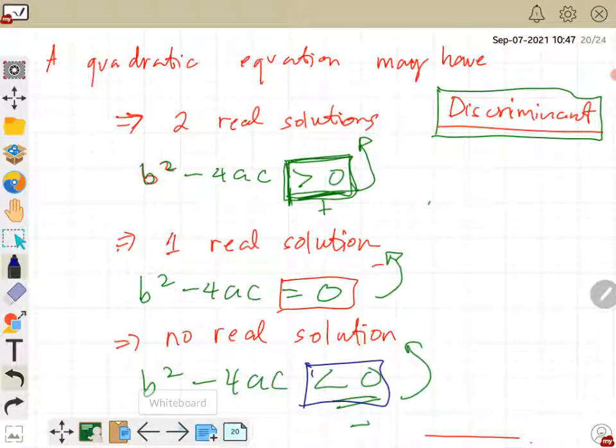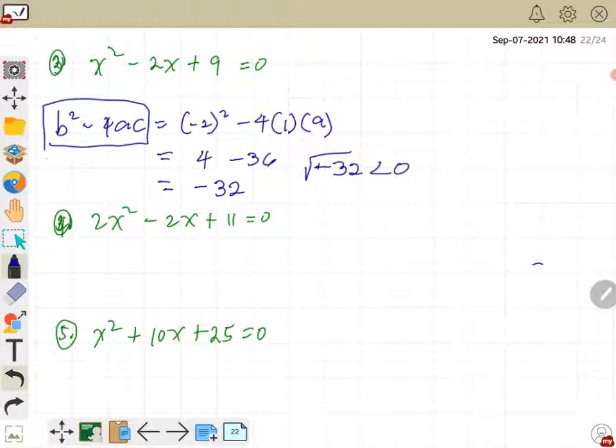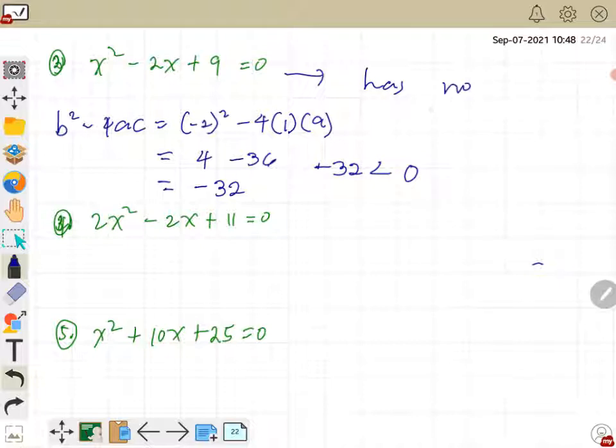This means that we don't have a real solution. Remember, this is part of the quadratic formula, so we're going to get the square root of negative 32. We cannot just get the square root of a negative number. So this one has no real solution.